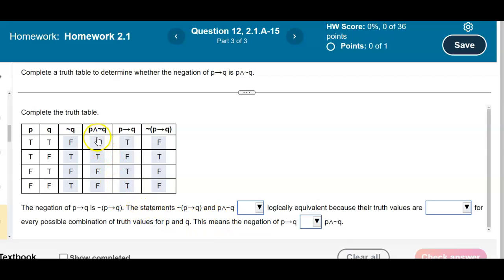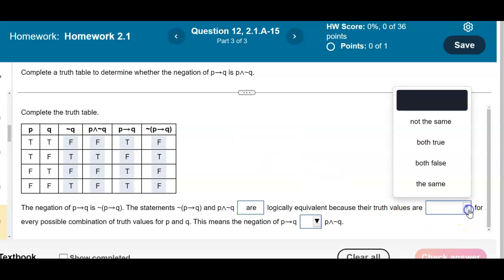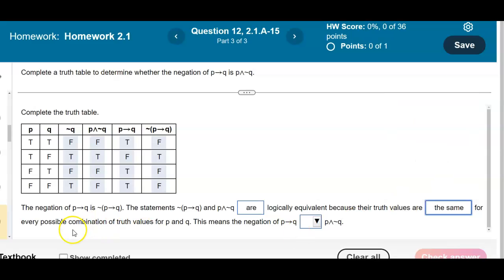Well, if you look here, we have false, true, false, false, and over here we have false, true, false, false. So that means that they are logically equivalent because their truth values are the same for every possible combination of truth values for P and Q. So this means the negation of P implies Q is P and the negation of Q.